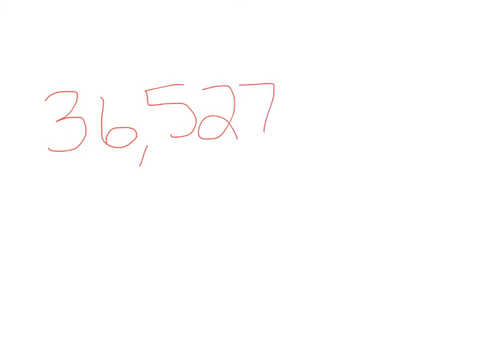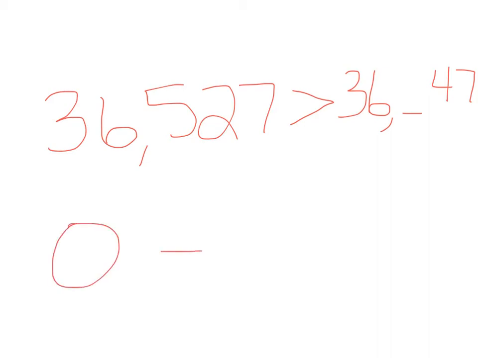All right, so here's your first practice problem. If we are working with the numbers 36,527, and I'm saying that that's greater than 36,000 blank 47, I want you to tell me all of the digits that could make this statement true if you're using your digits 0 through 9.